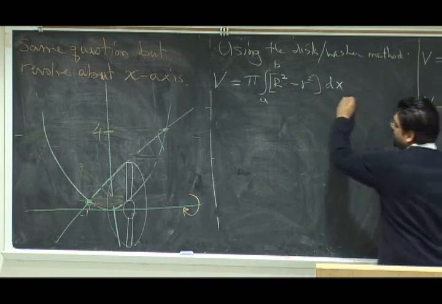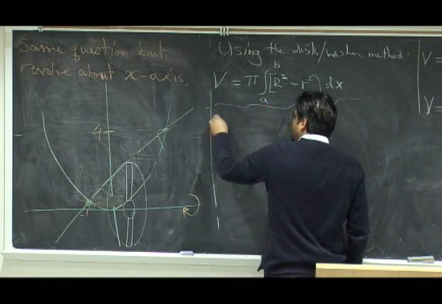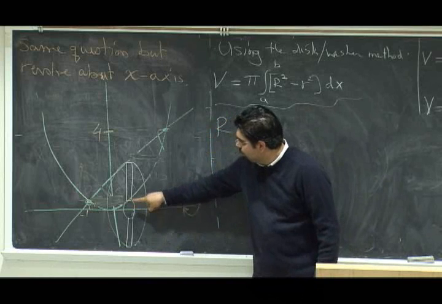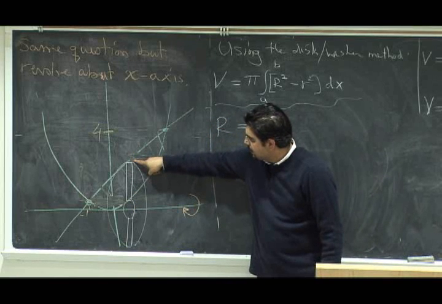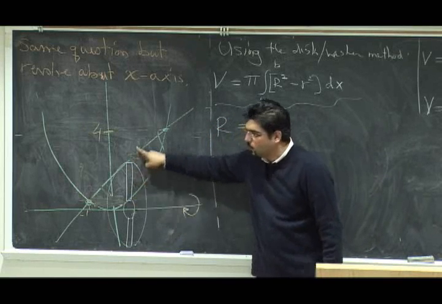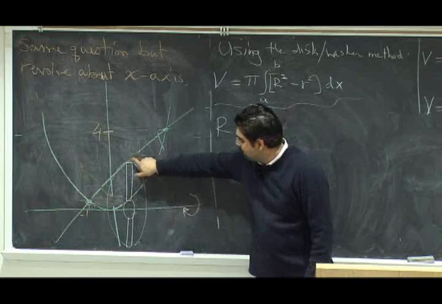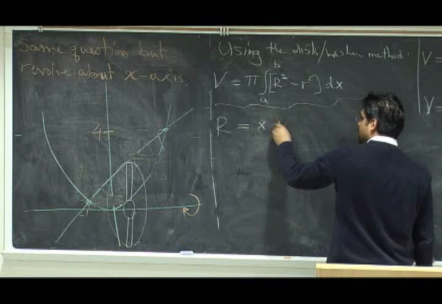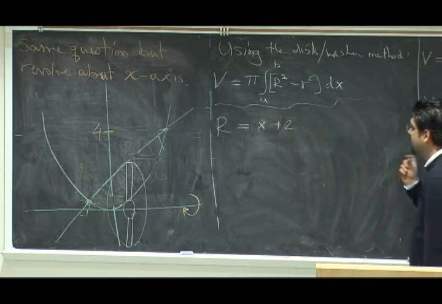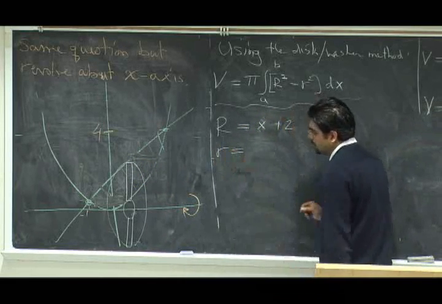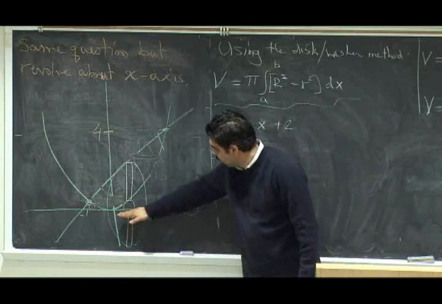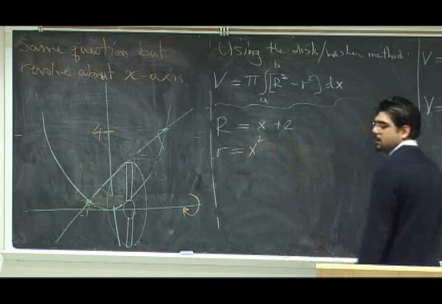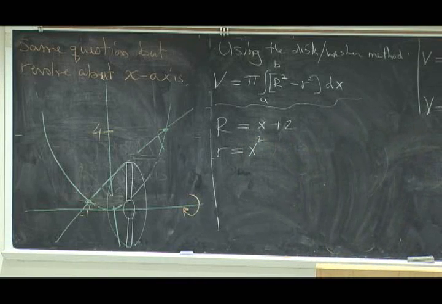Here the outer radius is the distance from the axis of revolution to the top of this rectangle. It's a vertical distance, it's a y distance. And for that curve, y is x plus 2. And then the little r, or the inner radius, is again the distance from the axis of revolution to the bottom one. What is y? y is x squared. It's a vertical y.